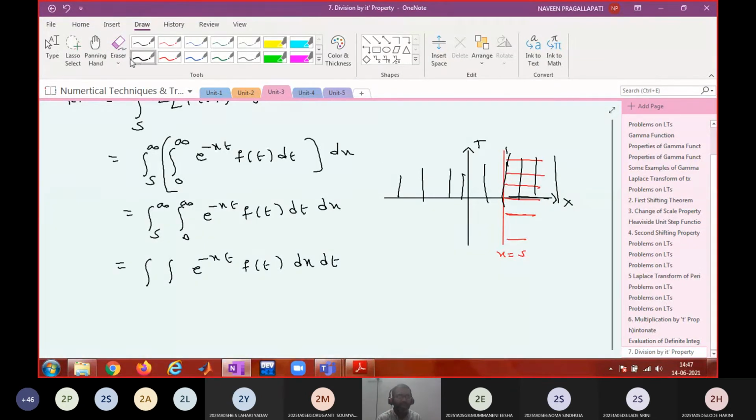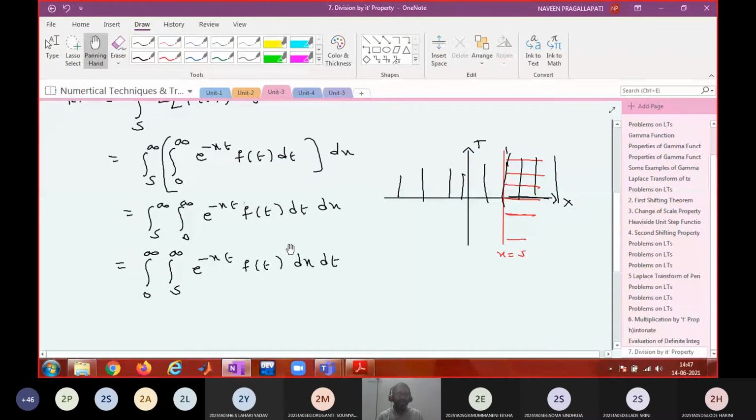So this is simply s to infinity, and this is 0 to infinity. We discussed in multiple integrals, changing the order of integration is easy if it is a rectangular region. And if it is a non-rectangular region, it will be different.